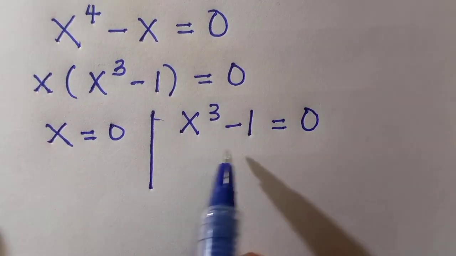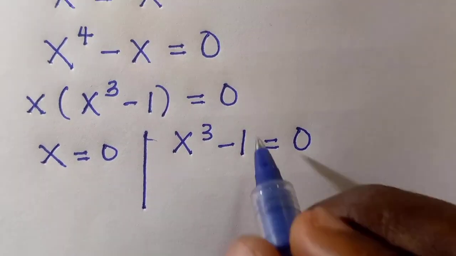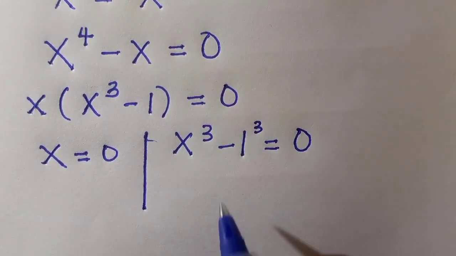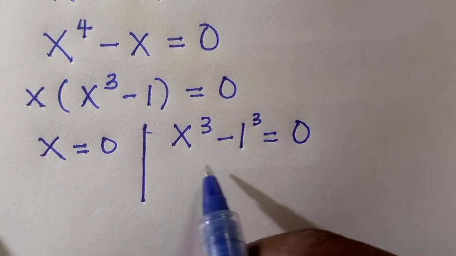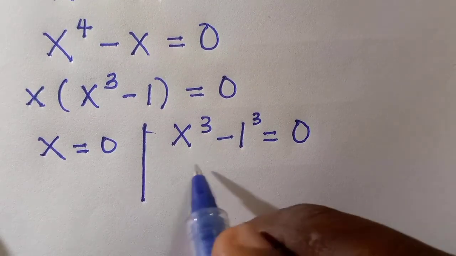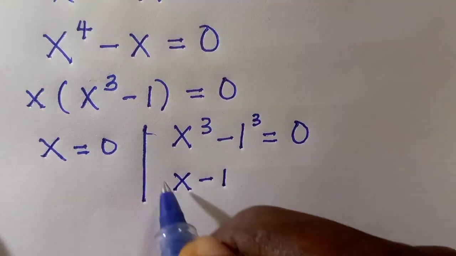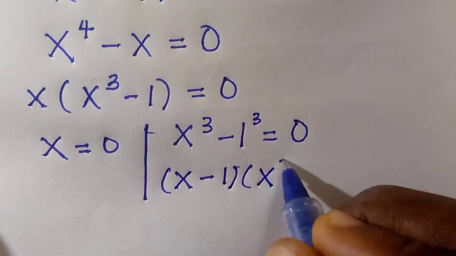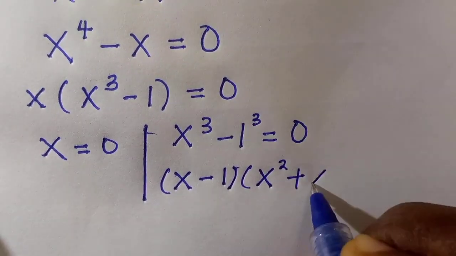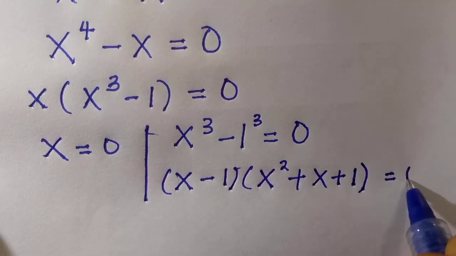And to obtain the other root, here is x cubed minus 1. And to find all the solutions here, we let 1 be 1 to the power of 3, which is still 1. And here is a difference of two cubes, whose identity is x minus 1, open bracket, x to the power of 2 plus x plus 1, equals 0.